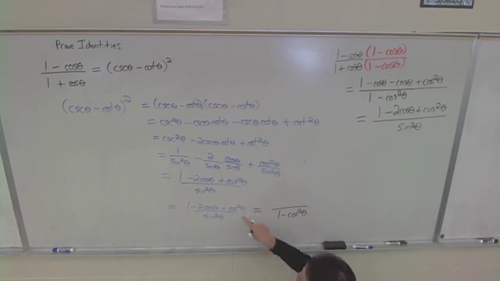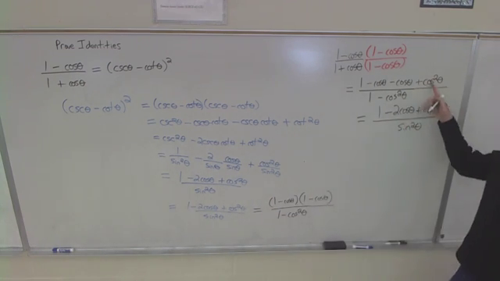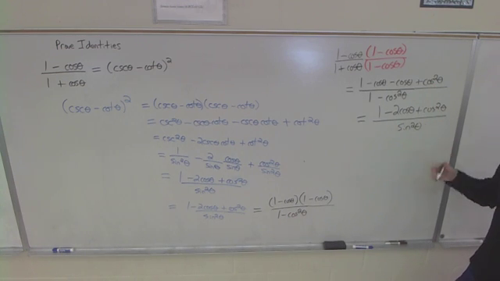And it's to write this factored. That factors as 1 minus cosine, 1 minus cosine. It's just a harder factoring problem, doesn't it? Because that's what we did up here.